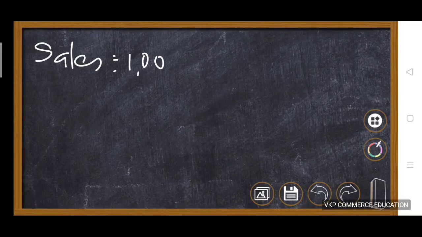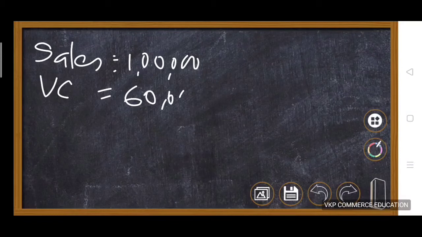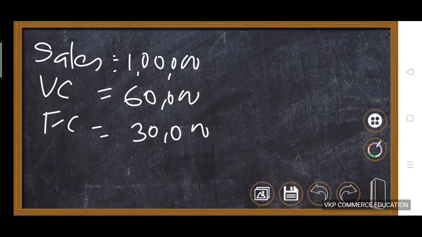Another question is given: sales is equal to rupees 1 lakh, variable cost is rupees 60,000, and fixed cost is rupees 30,000.